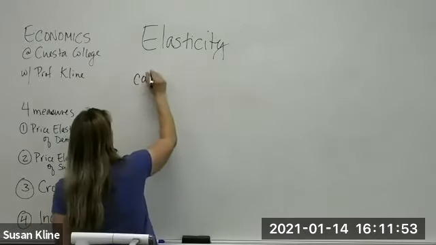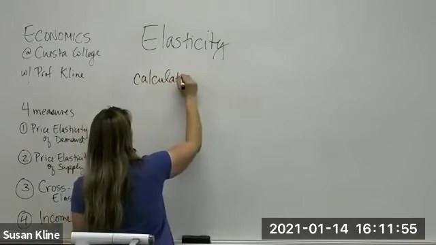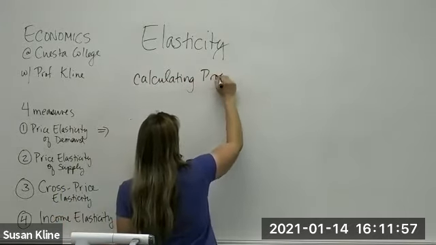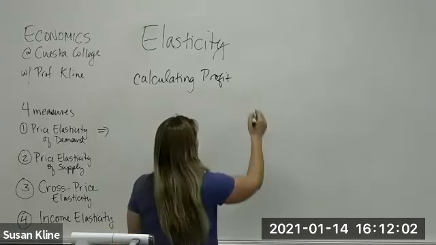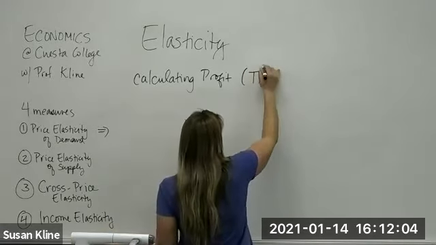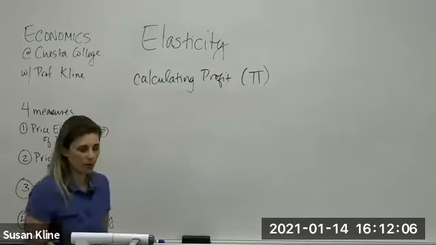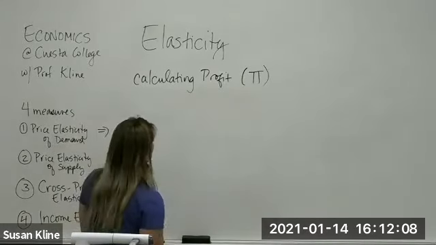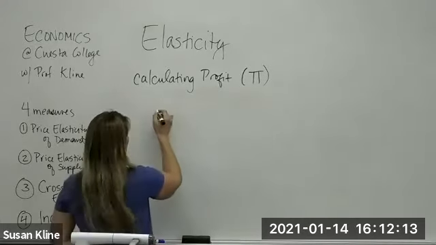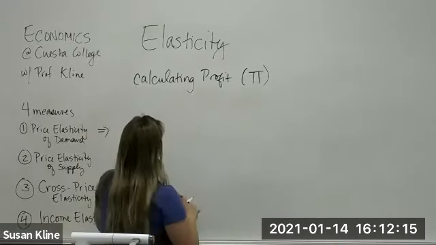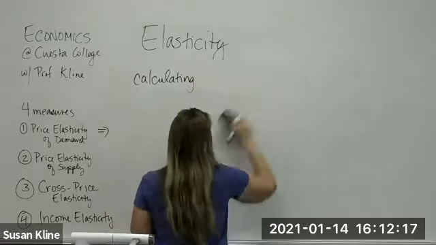So calculating profit, if you only have one item that you sell, if you sell t-shirts and that's all you sell, and by the way, in economics, we use the abbreviation PI for profit. And I'll talk about that more when we get to Unit 2. Actually, I want to do total revenue, not profit.